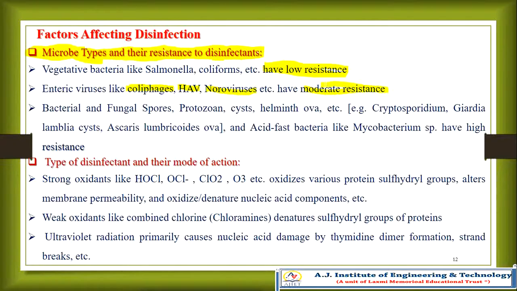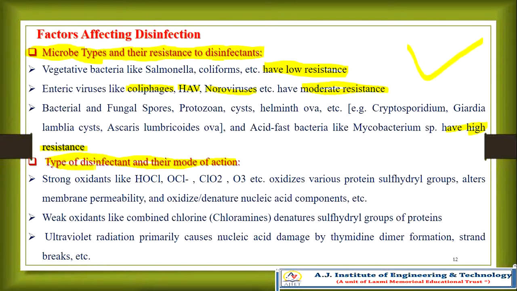We should know what type of microbe it is and what its resistance capacity is. Bacterial and fungal spores, protozoan cysts, helminth ova, etc. have high resistance. This high resistance is also very important. These are the very important factors which affect our disinfection.